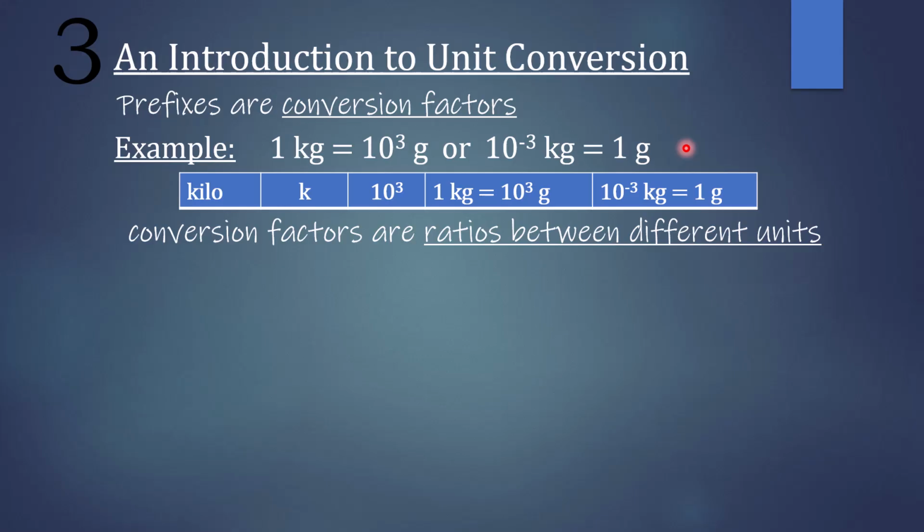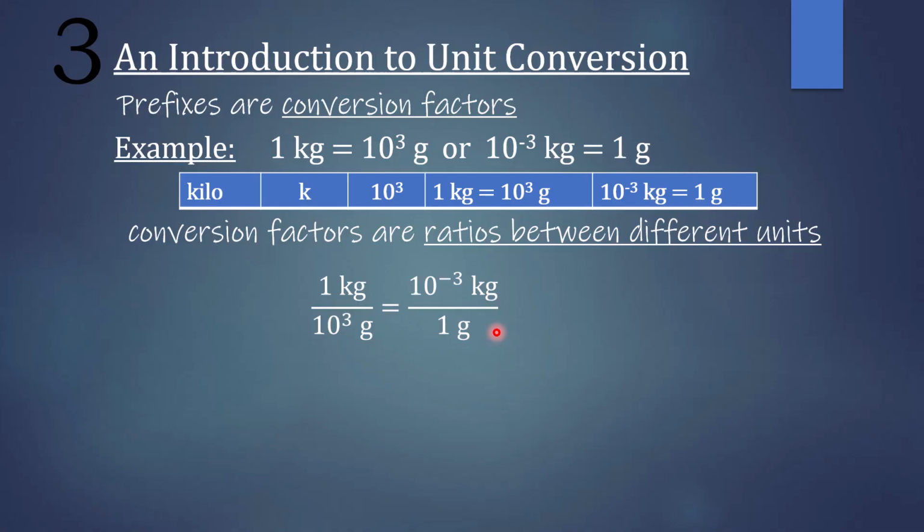So in other words, I could write 1 kilogram to 10 to the third grams. That's what I've got here. That's equivalent to 10 to the minus 3 kilograms to 1 gram. That's what I've got written here.